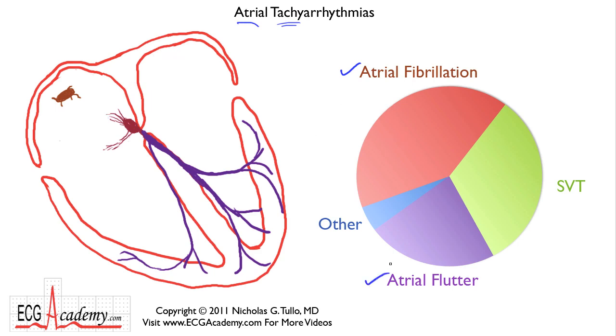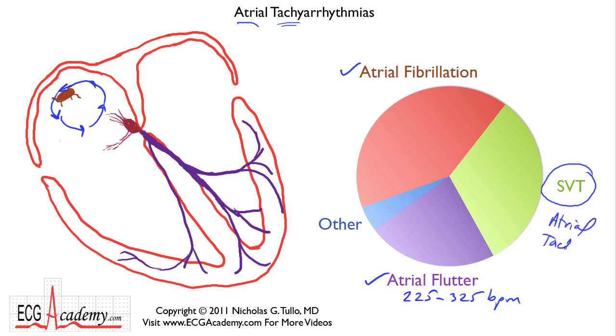Atrial flutter, on the other hand, is a rapid heartbeat coming from the top chamber where the electrical signal is basically traveling around in a circle, and the atrial rate is usually somewhere between 225 to 325 beats per minute. Anything slower than that will generally fall into the category of supraventricular tachycardia or atrial tachycardia.